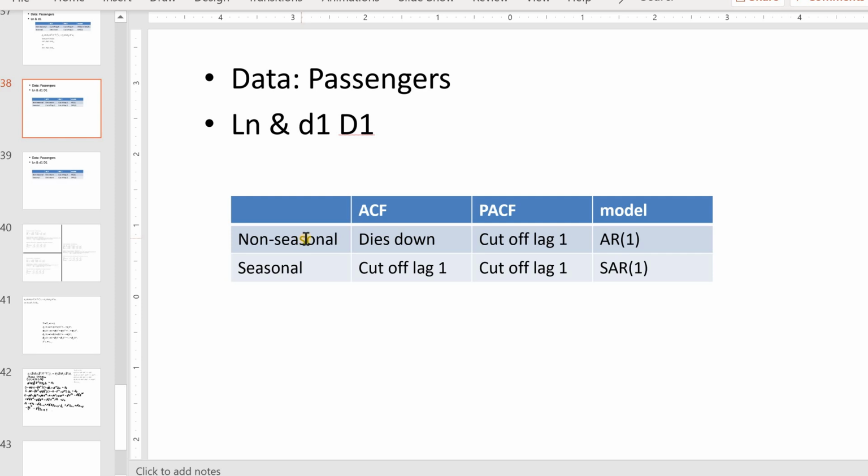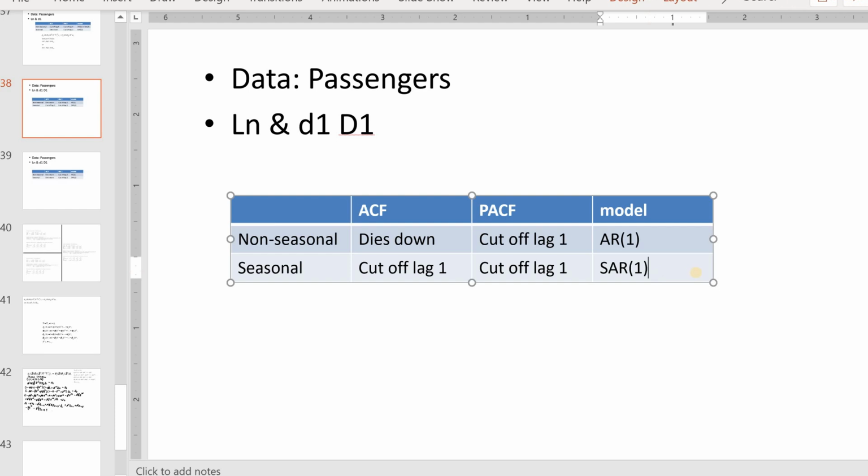Okay, so non-seasonal dies down, cuts off. So the tentative model for the non-seasonal order is AR1. And then for the seasonal, the ACF cuts off at lag 1, and also the PACF cuts off at lag 1. So there are two possibilities, SAR order 1 or SMA order 1.